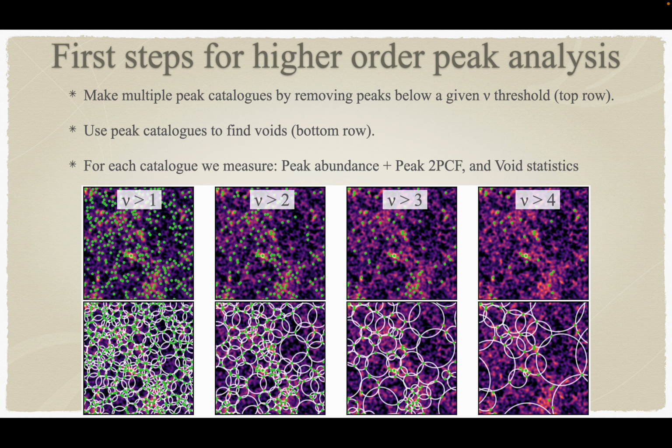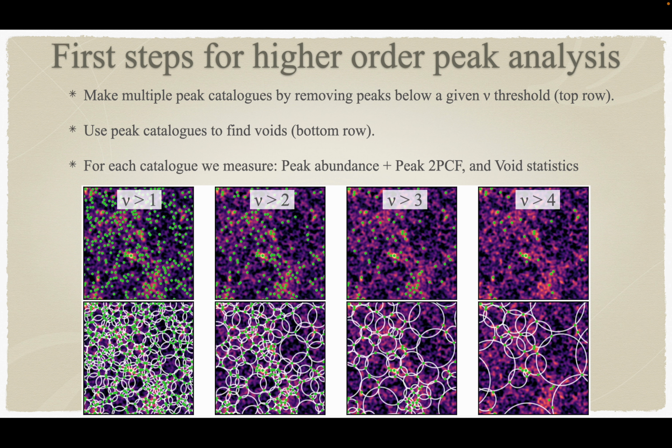For each of these catalogues then we can measure how the peaks are clustered. You can see that on the left the peaks for the nu larger than 1 catalogue appear to be more randomly distributed, and on the right they appear to be more clustered. So you can see that the clustering will change through the different peak catalogues. On the bottom row we then also use these different peak catalogues to find different void populations.